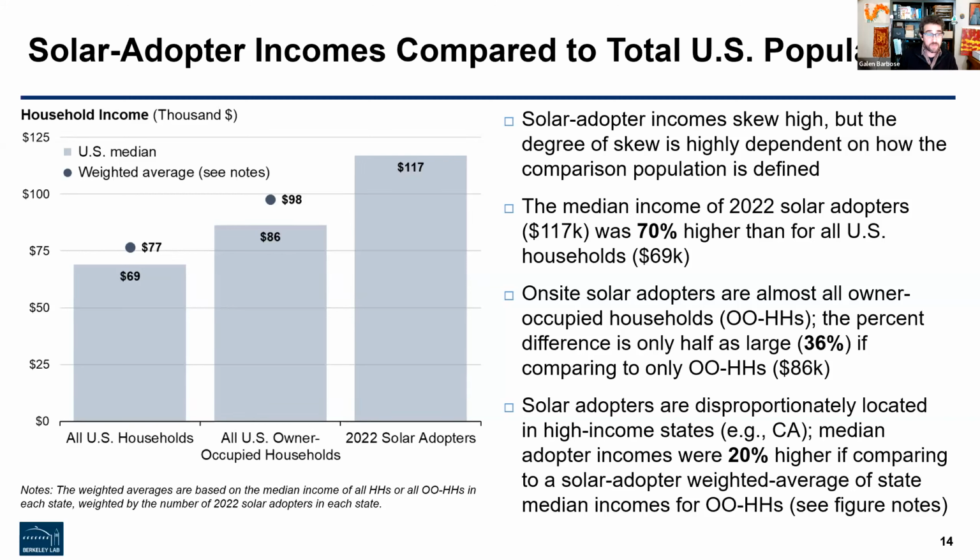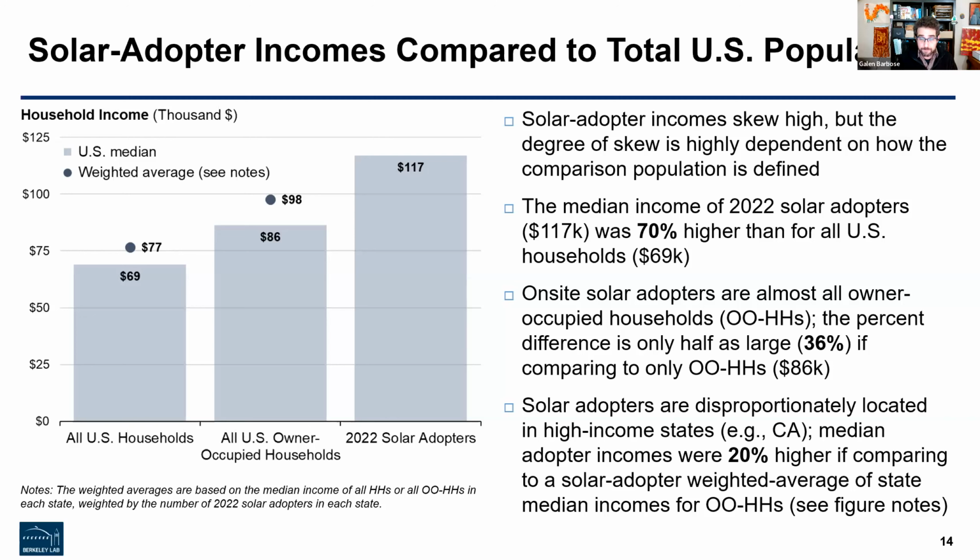The first thing you'll note when comparing to all US households is that there's a pretty big gap between 69K, the median income for all households, versus 117K, which is the median for solar adopters last year.